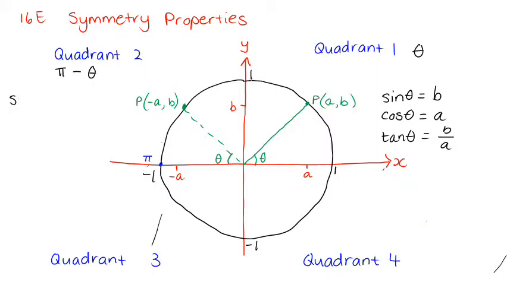Okay, so sine of pi minus theta. Sine is our y value. In this case, it's what? B. It's still B. Yep.